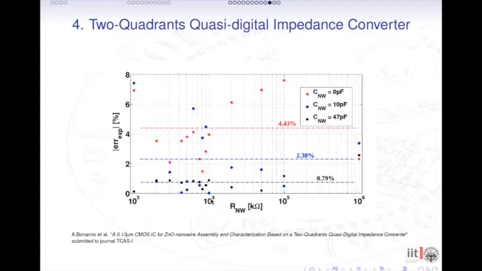Actually, we can also estimate the capacitance of the nanomaterial in a range from 0 picofarad to 1 microfarad with a maximum estimation error of about 3%.